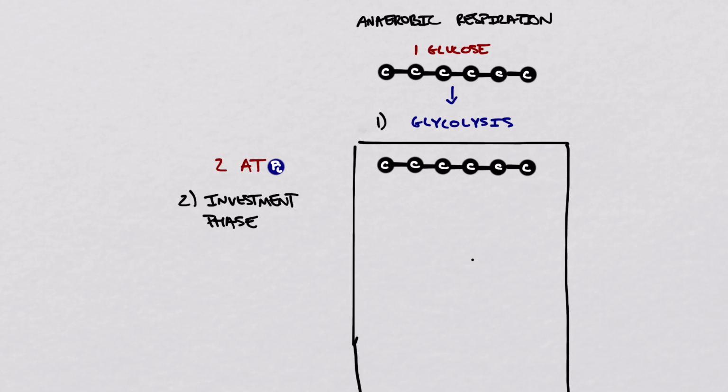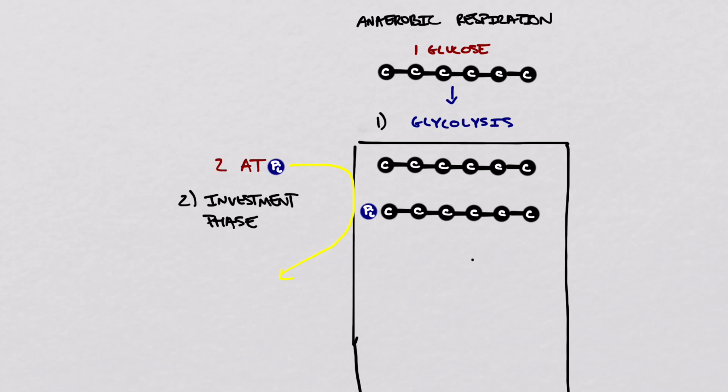So it looks something like this. The 2 ATP are going to come into our box, and they're going to drop 2 phosphate groups. What you need to do here again is copy this glucose molecule and paste it down below, but on it you are going to add your phosphate groups.